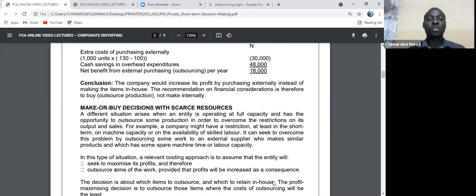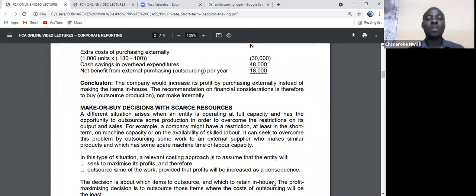Of course, you know that you cannot produce the whole 1,500 because already your full capacity is 1,000. What do you do? You'll be forced to outsource some of the components or some of the production of this requirement to outsiders. Okay, so let's look at this example here.